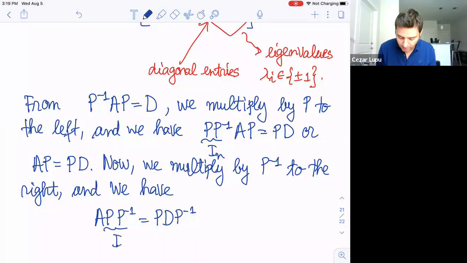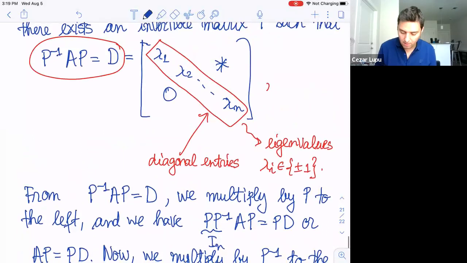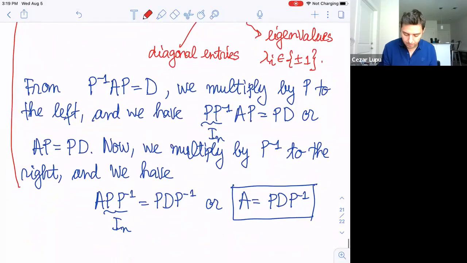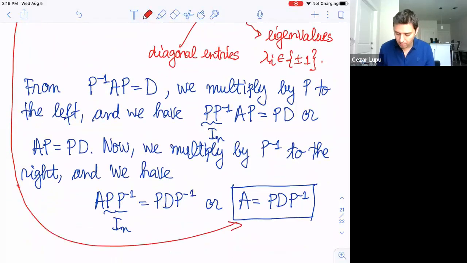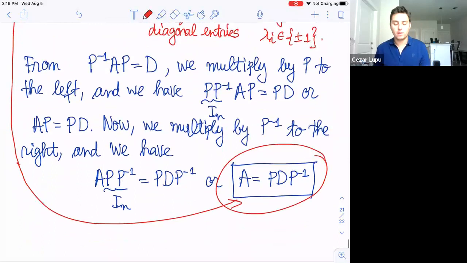Again, this will be the identity, so we will have that A is PD P inverse. So wow, we can actually write A. From this relationship here, we went all the way to this one right here. Okay, great. Now it's clear what to do.